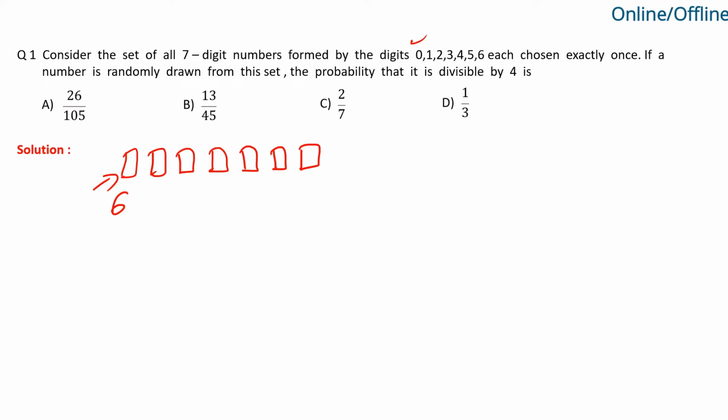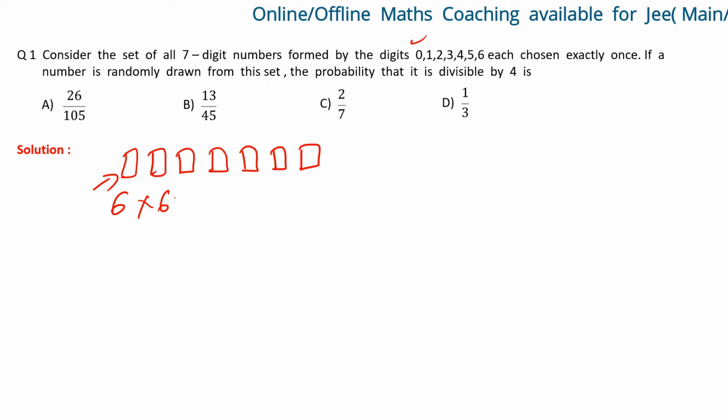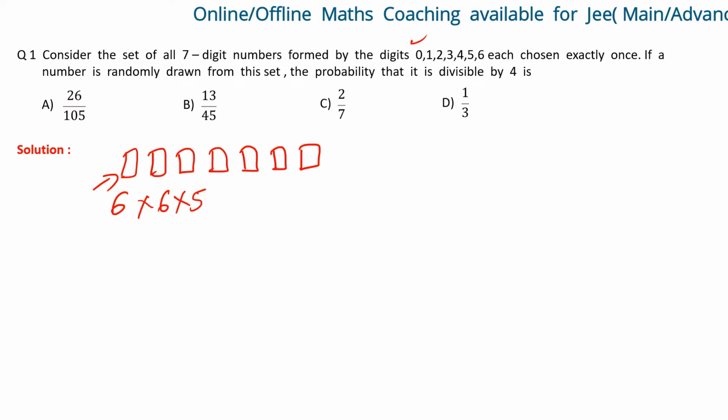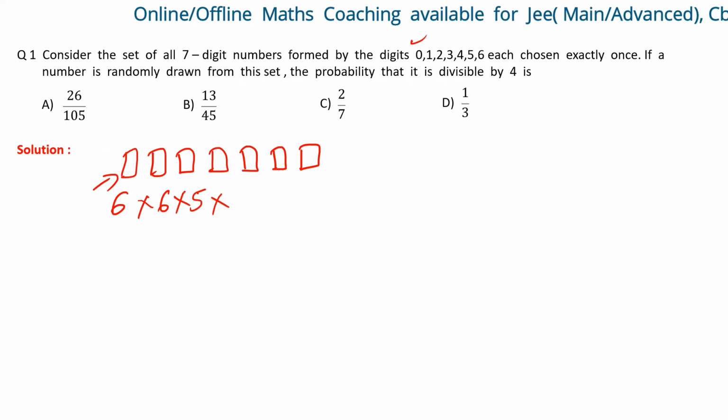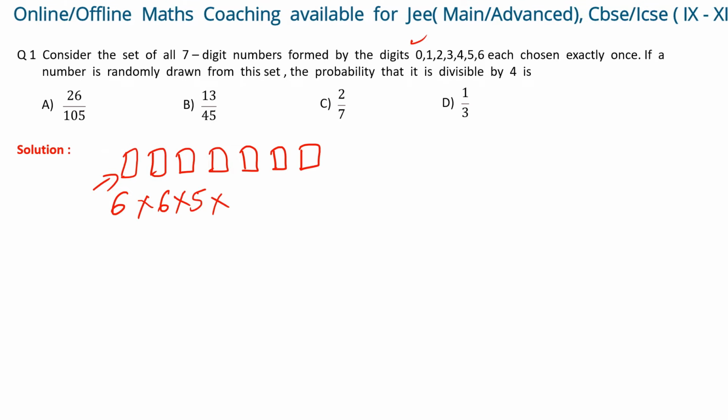Now for the second place, I can fill this particular place in 6 ways again, because now 0 can be filled over here, but the number which I filled in the first place won't come. Similarly, the next will be filled in 5 ways, because we cannot reuse the numbers we have already filled in the previous places.